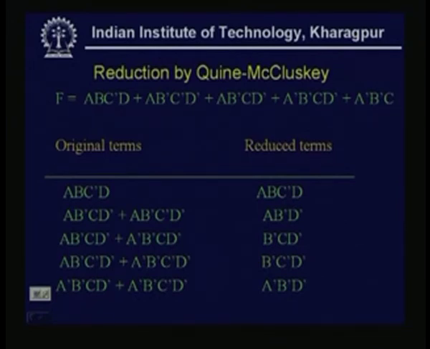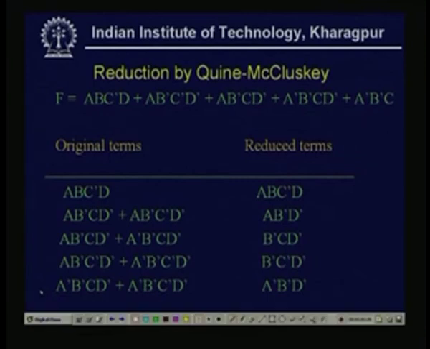So, c plus c bar is 1, and the reduced term will be a b bar d bar. Similarly, if I take all possible combinations of 2 such original terms, then I will get these 4 reduced terms, and this one is not reduced because only one is there.